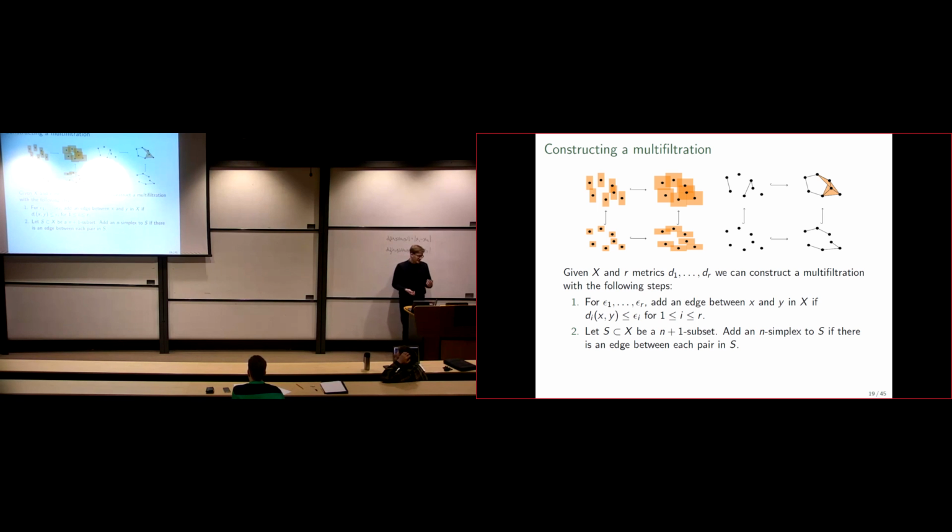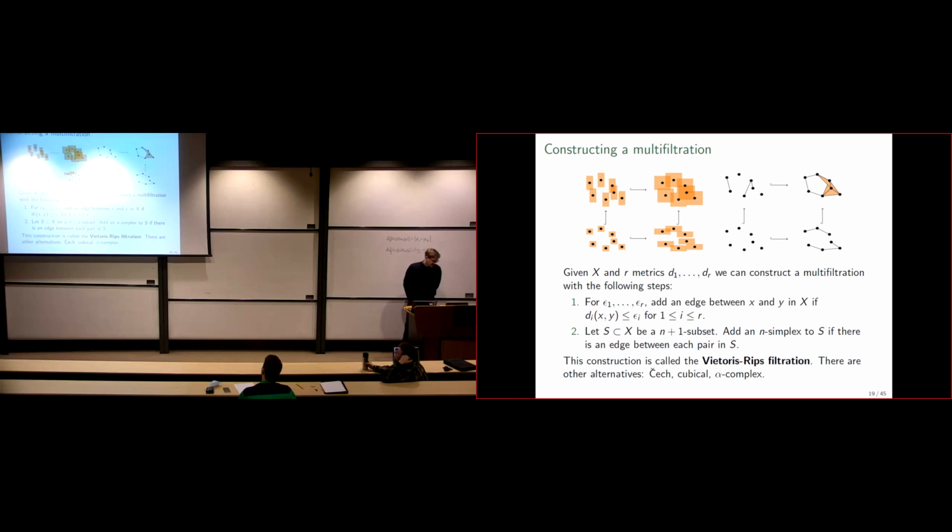For instance, if we have 3 points and the balls all pairwise intersect, then we fill up the triangle. This is, as I said, called the Vietoris-Rips filtration, and this is one of many options. The other options are called the Čech complex, the cubical complex, or the alpha complex. These are a selection.